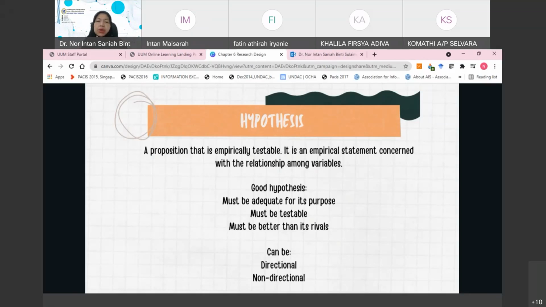It can be directional or non-directional. I think you are all quite familiar with hypothesis development from previous subjects, and you will apply it again in this course when you do your research proposal soon.